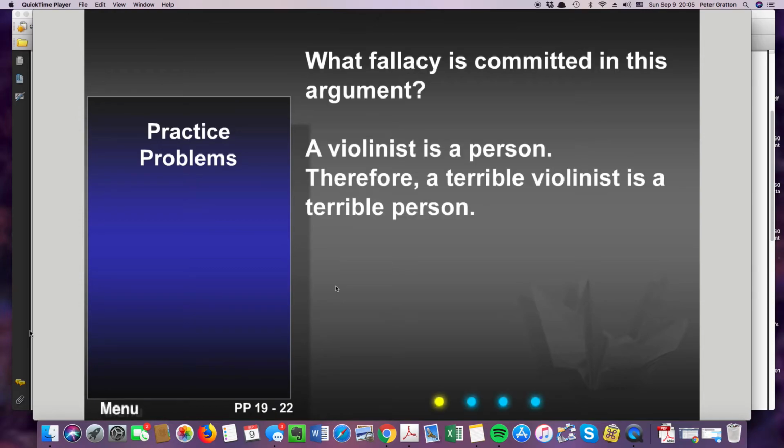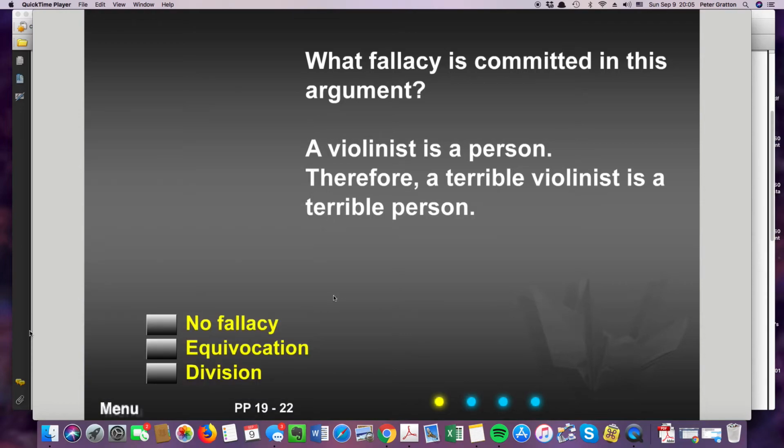The informal fallacies. What fallacy is committed here? A violinist is a person, therefore a terrible violinist is a terrible person. I wouldn't say there's no fallacy. There are lots of wonderful people who are terrible violinists. Somebody is trading on the fact that being a terrible violinist, a not good musician, is not the same as being a terrible person.